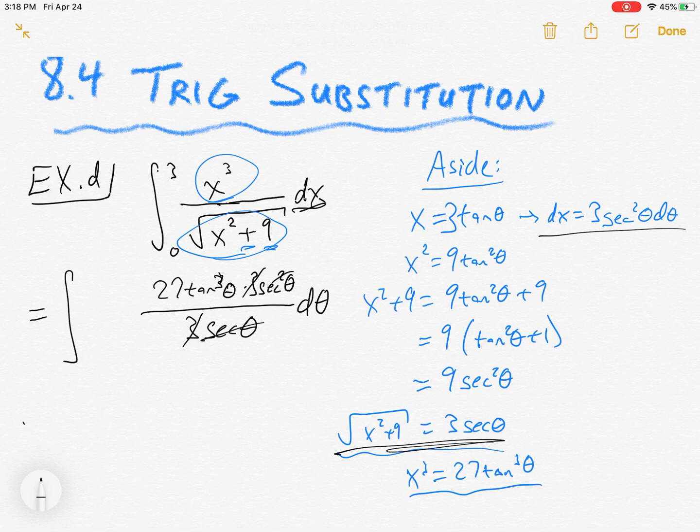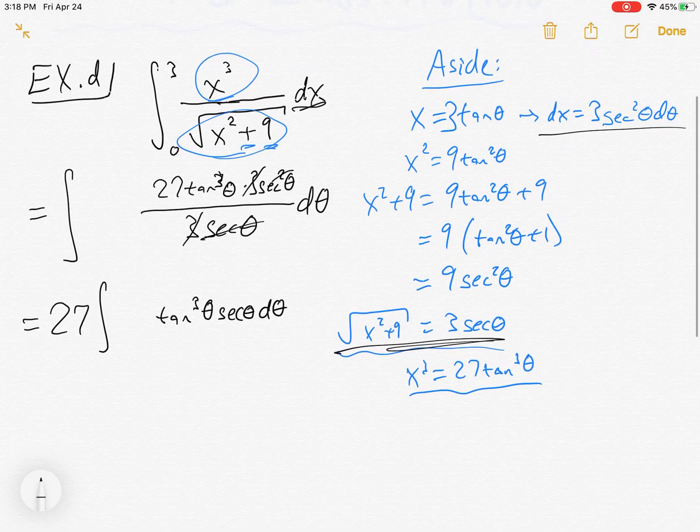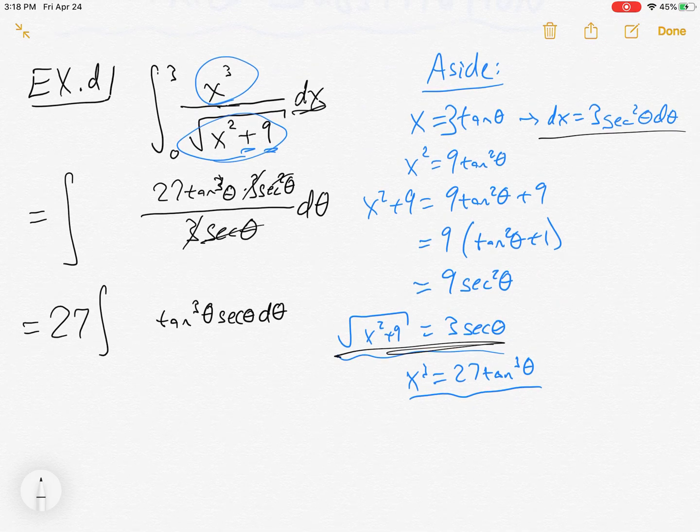And then the denominator we found to be 3 secant theta. Wow, that's nice. The 3's cancel. The secant squared cancels up top with the secant below. And so we're left with 27, can come up front, tangent cubed theta secant theta d theta.